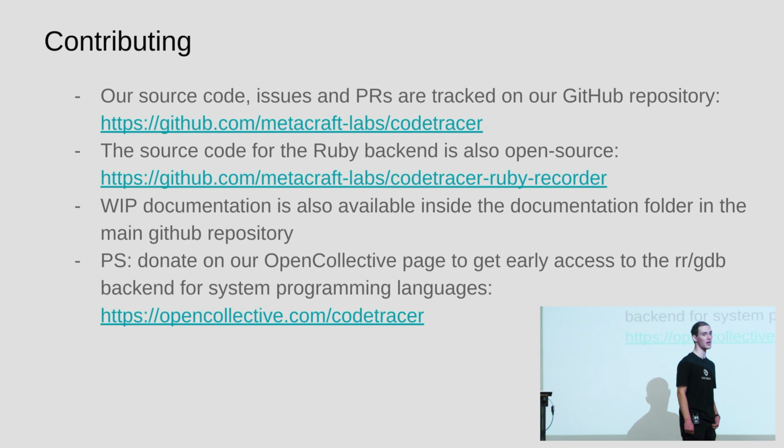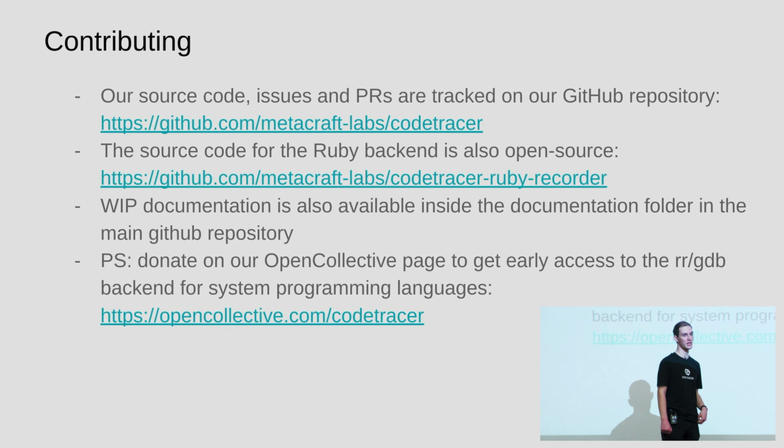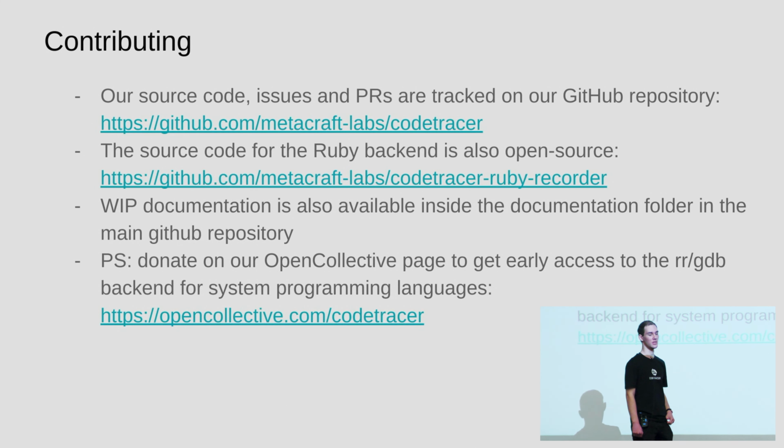If you find anyone interested in looking through the low-level details of how CodeTracer is implemented, specifically the Ruby backend, you can look at the CodeTracer Ruby recorder, which is actually a really small application, so it's quite easy to learn and understand. It's quite rudimentary at the moment, but we expect for it to get better and more performant in the near future.